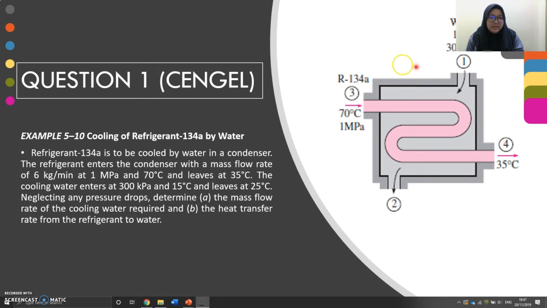Based on this diagram, we know that we have 4 points, which are 2 inlets, which are 1 and 3, and 2 outlets. Inlet 1 and outlet 2 are for water, and inlet 3 and outlet 4 are for refrigerant. So next, we proceed to the solution.